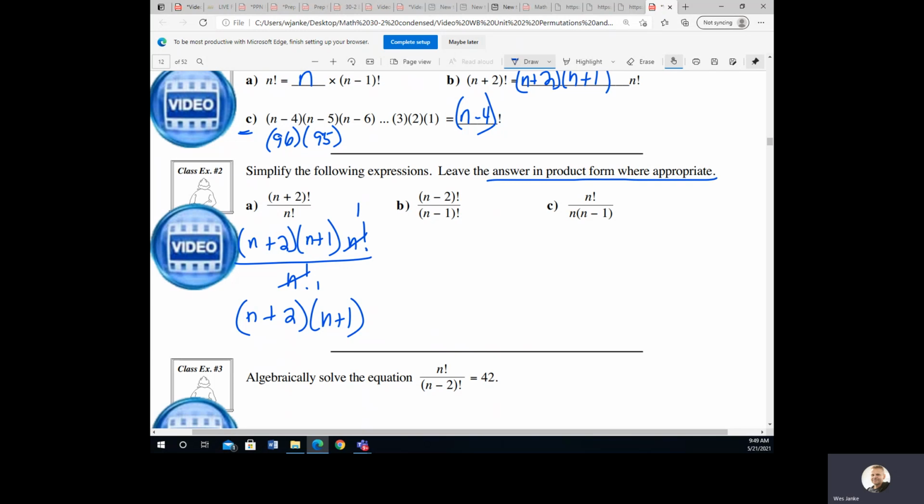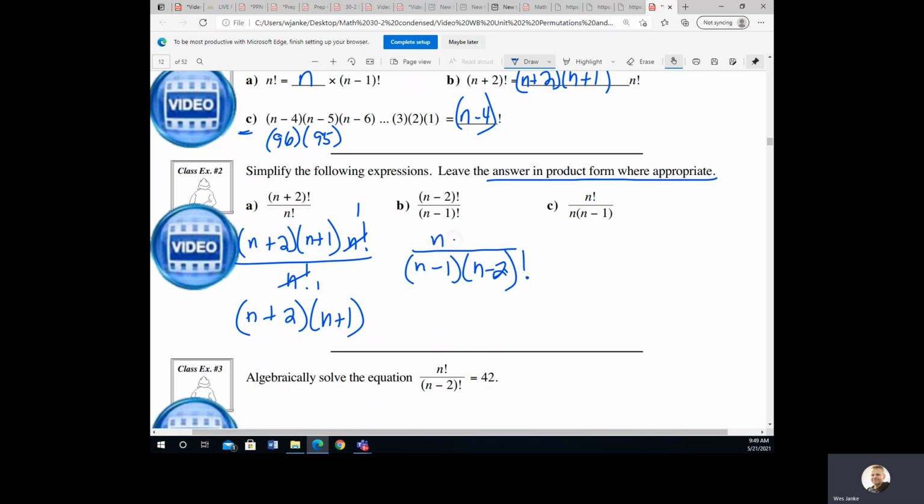Let's look at the second one, B. Which one is bigger, n minus 2 or n minus 1? Well, if it was 100 minus 2, that'd be 98. 100 minus 1 would be 99. So I'm going to start off by expanding the bottom out. So n minus 1 times n minus 2. So now you can see I'm matching the top, so I'm going to stop right there.